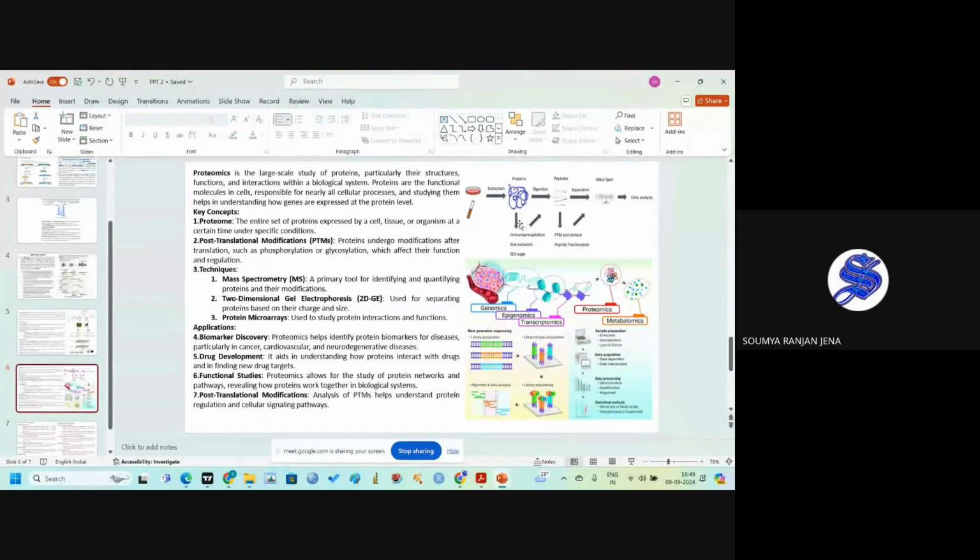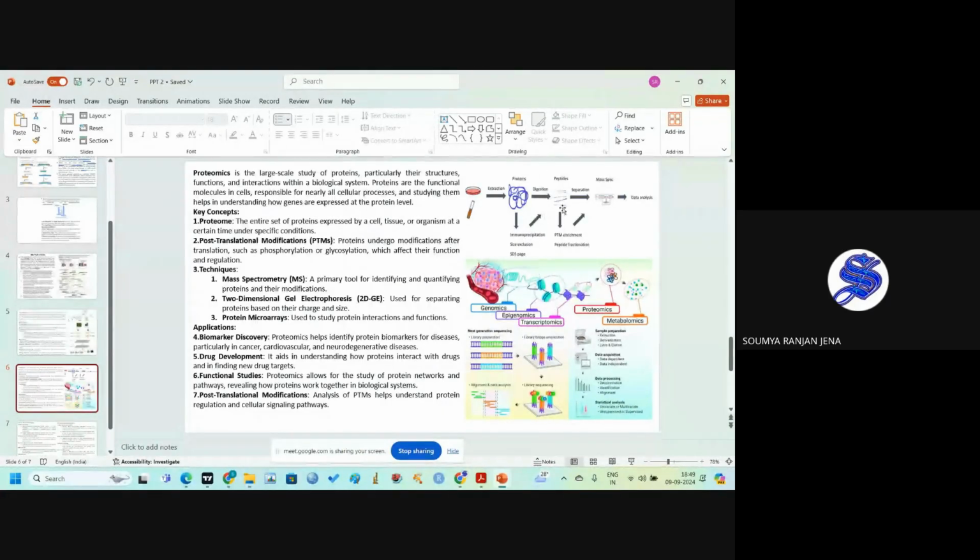We can also do targeted proteomics by immunoprecipitation. Suppose we want to extract only immunoglobulin, then we can do the immunoprecipitation by immunoglobulin antibody. Then we separate by size exclusion chromatography or sodium dodecyl sulfate polyacrylamide gel electrophoresis.